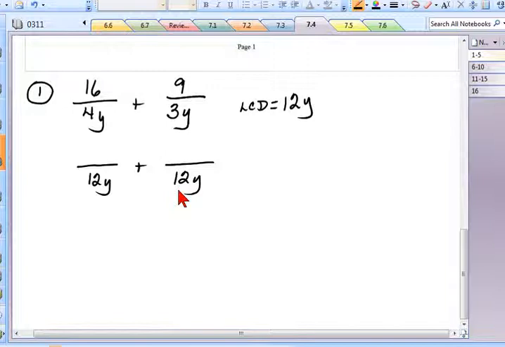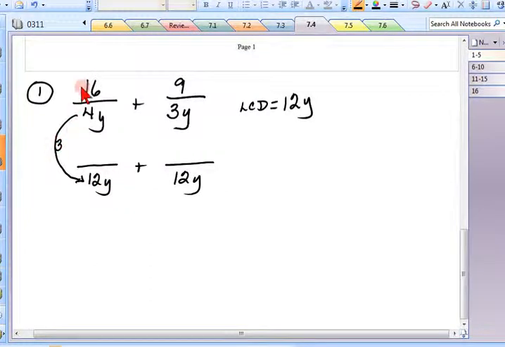What I'm doing next is working with a fraction and the fraction below it to create that equivalent fraction. This fraction with the fraction below it. So here I go. I'm going to compare old to new. What was 4y multiplied by to turn it into 12y? 3.